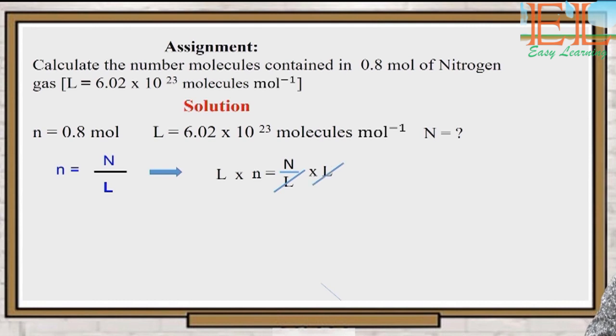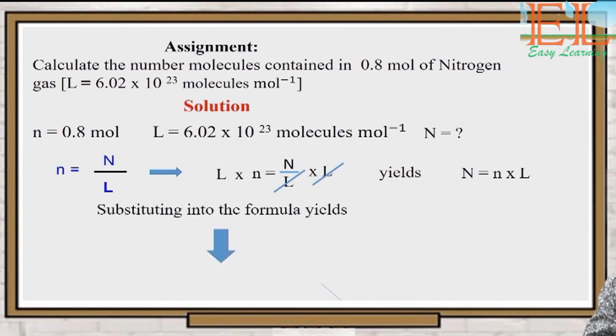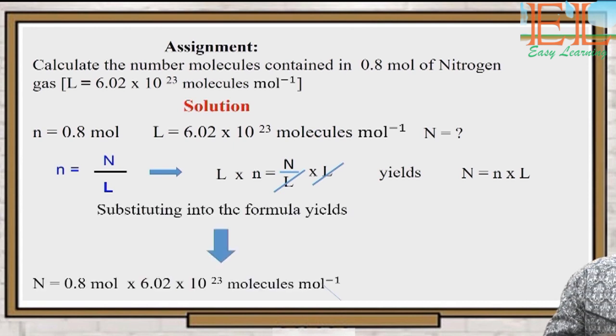And if you substitute the values, it will give us uppercase N is equal to 0.8 moles multiplied by 6.02 times 10 raised to the power 23 molecules per mole.